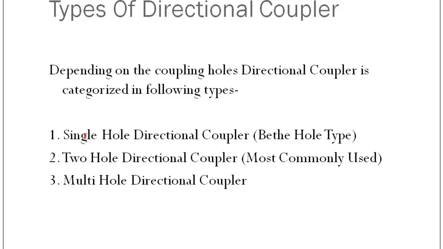If there is a single coupling hole, then this is known as a single hole directional coupler, or it is also known as a Bethe hole directional coupler. Both are the same, right?